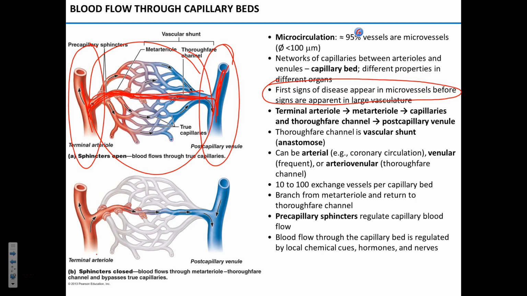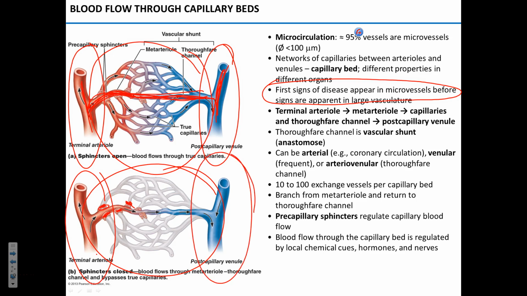How can you regulate blood flow through the capillaries? At the beginning of each capillary, there is a sphincter. Those capillary sphincters can open and close, and when they close, there is no blood flow through the entire bed. And the only way blood can reach from the terminal arteriole to the postcapillary venule is via vascular shunt. Does that make sense?